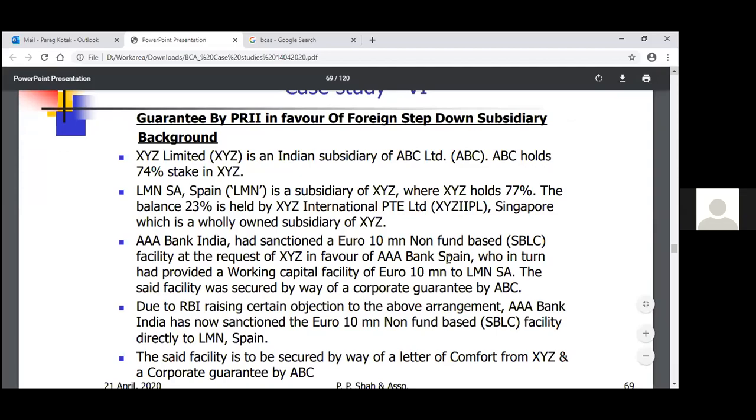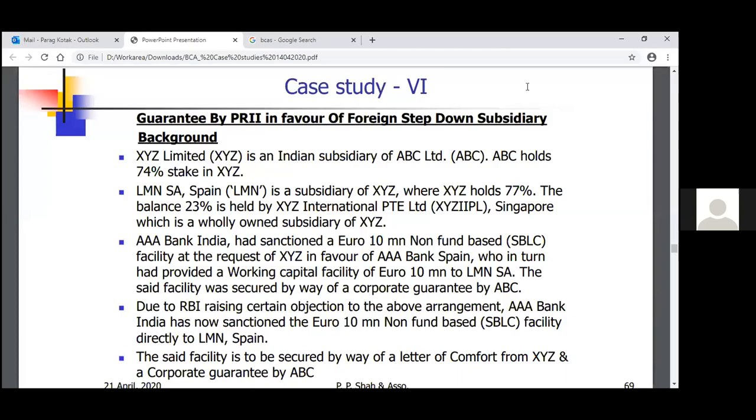See, this is a case study where there are 2 Indian companies, ABC and XYZ, and there is a Spanish company called LMN. ABC and XYZ are the holding and subsidiary in India.